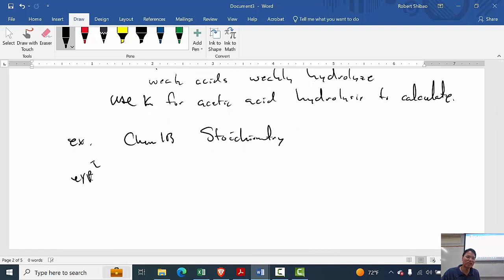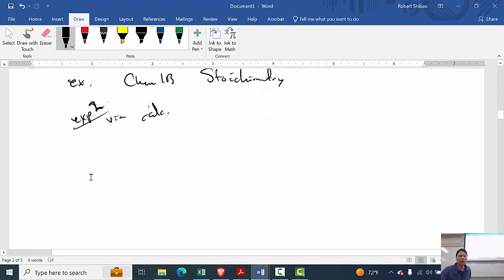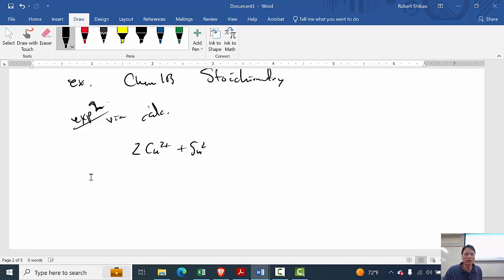We already know what the answer is because somebody measured it via calculation. If we go back to experiment 2, it was 2 Cu2+ plus Sn2+ going to 2 Cu+ plus Sn4+.